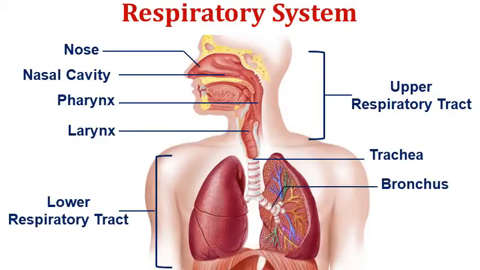Then the trachea divides into bronchi and each bronchus enters each lung. Further, bronchi divide into bronchioles, and at the last these bronchioles enter the structural and functional unit of the respiratory system, that is alveoli.